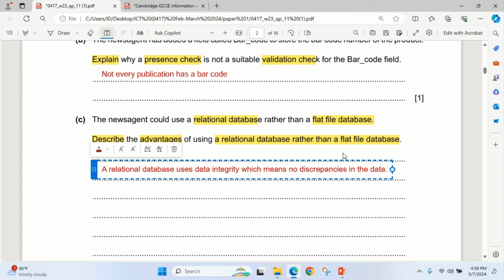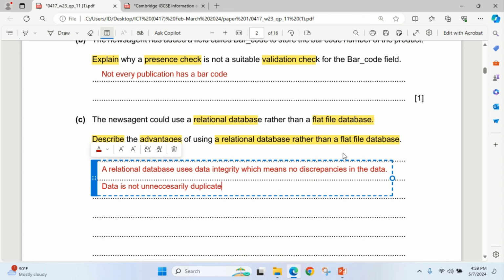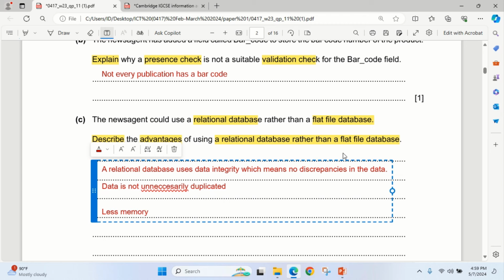Another advantage is that data is not unnecessarily duplicated, so you minimize duplicates of data. Another thing is that less memory is used in the computer, because if there are no unnecessary data duplicates, the memory will be used judiciously.